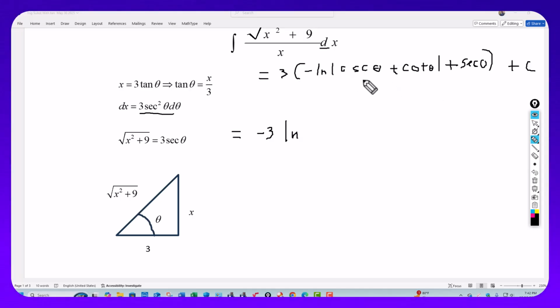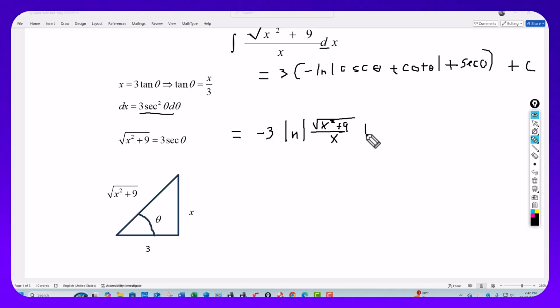Now let's see the value of these expressions contained in the absolute value. So cosecant of theta is the hypotenuse, square root of x squared plus 9, over the opposite side, which is x.